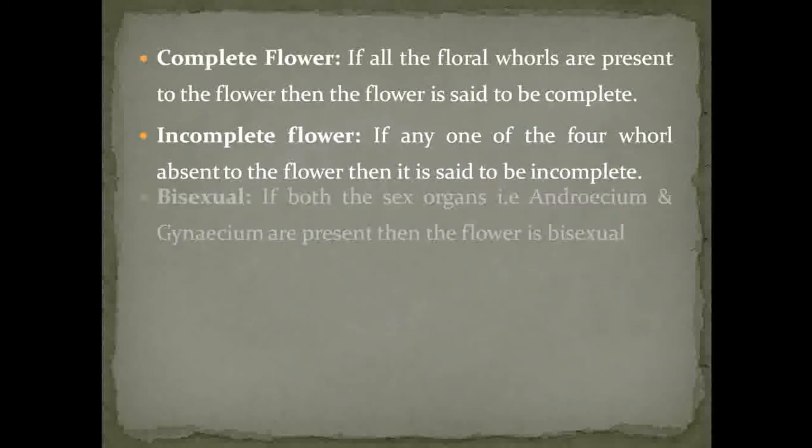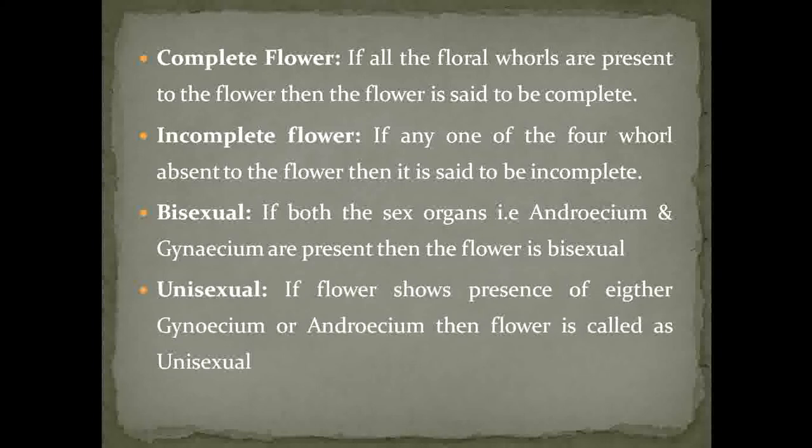The first is a complete flower. Whenever a flower shows the presence of all four whorls, that is calyx, corolla, androecium and gynoecium, then that type of flower is called a complete flower. Then next comes the incomplete flower.